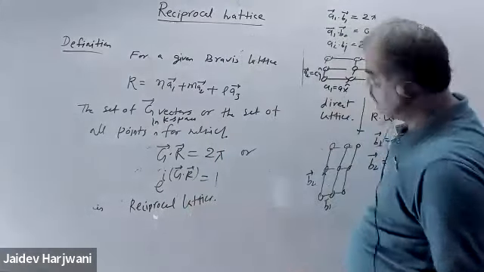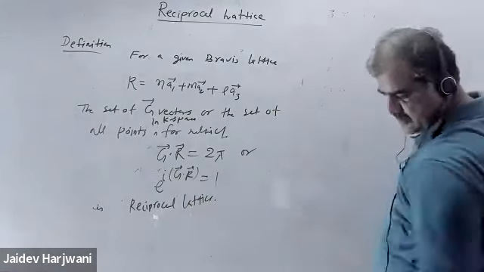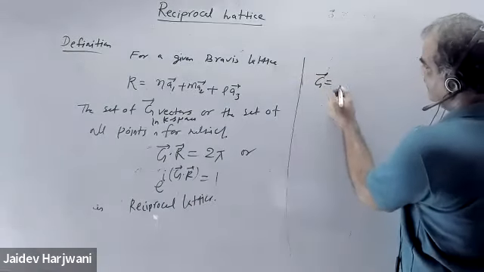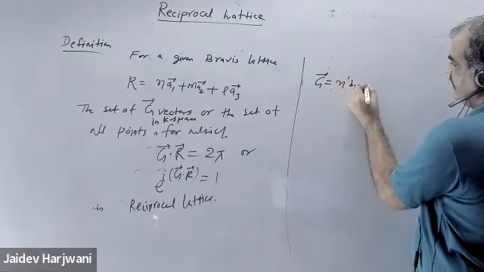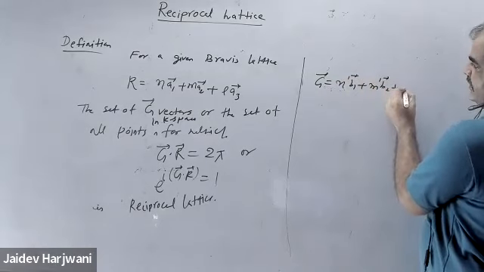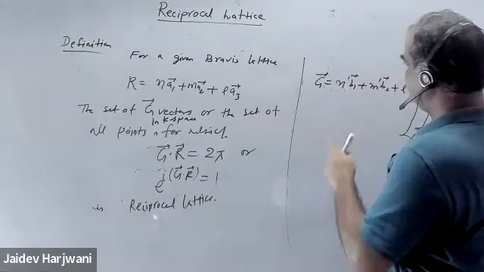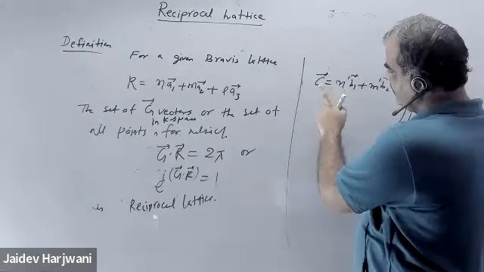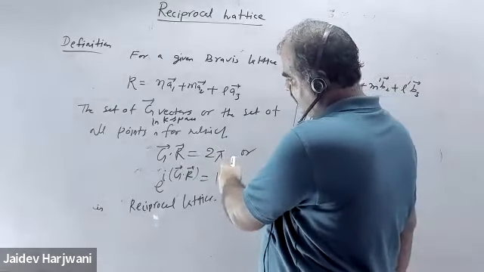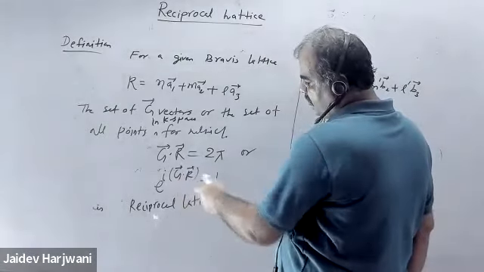Now if I define a vector G in a reciprocal lattice, say this is n' b1 plus m' b2 plus l' b3. Now if you take a lattice and you take the dot product, if it comes to 2 pi, or if you take e power iota G dot R, e power iota 2 pi is already 1.